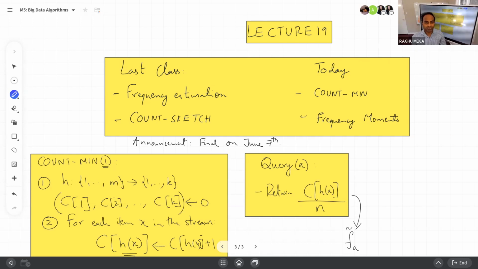To that we introduced the count sketch, which gave us some estimate. And today what we'll do is refine count sketch to get one of the most used frequency estimation algorithms, which is count-min sketch. And then we'll talk about an advanced problem in frequency estimation. Okay?